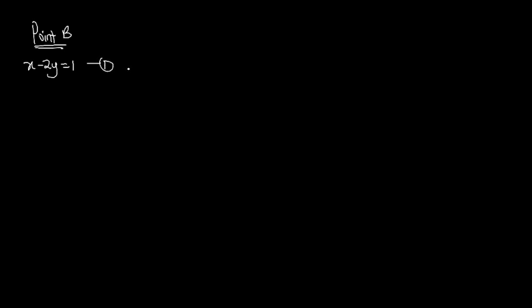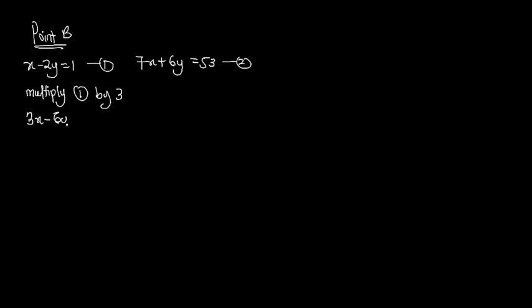This will be our equation 1, and 7x plus 6y is equal to 53 as our equation 2. Now, if I multiply equation 1 by 3, I can get 6y over here, which I can cancel using the elimination method. So I'm going to start by saying multiply equation 1 by 3, and if I do that, that will give me 3x minus 6y is equal to -3. This becomes our equation 3.